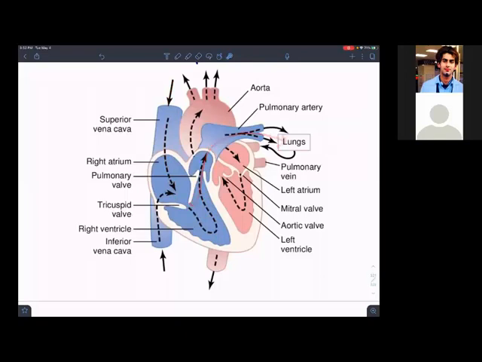You have two lungs like this. Same thing is happening from the lungs. The oxygenated blood will come, and then it will drain into the left atrium, and from the left atrium it will enter into the left ventricle. But can you see the gates are open? Can you see these gates? Gates need to be opened so that blood can rush in.